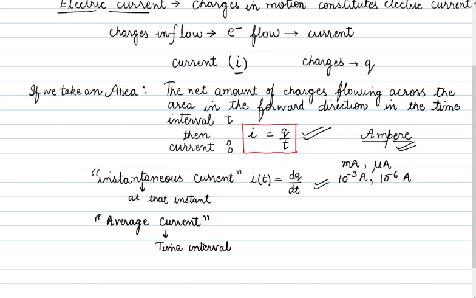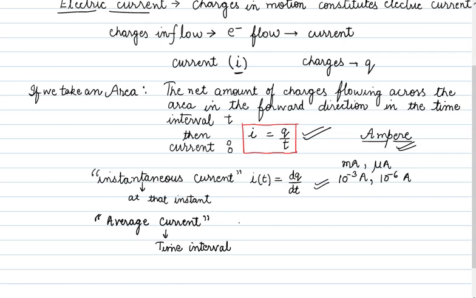It may be increasing, it may be decreasing, or sometimes constant then decreasing, or constant then increasing, but it is not constant throughout the time interval. Then we calculate the average current, that is the average of the total current, increasing, decreasing, constant.